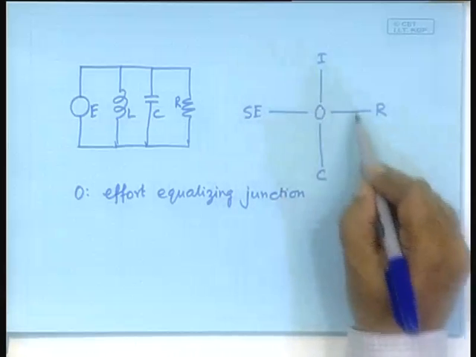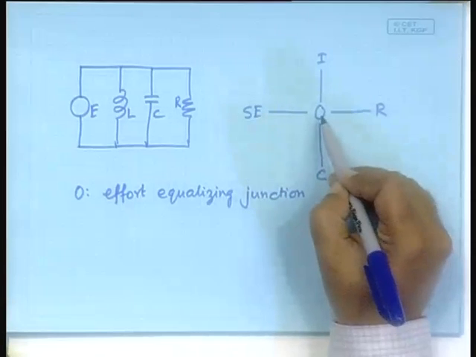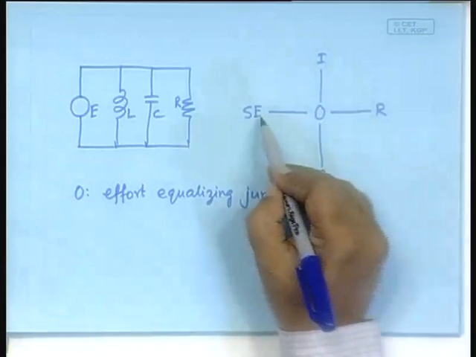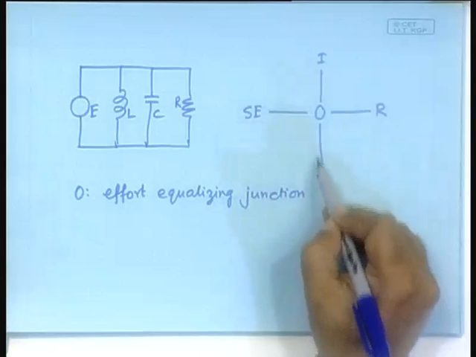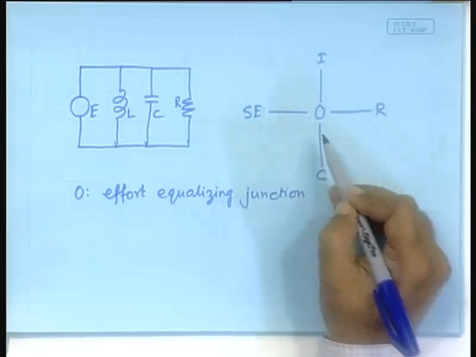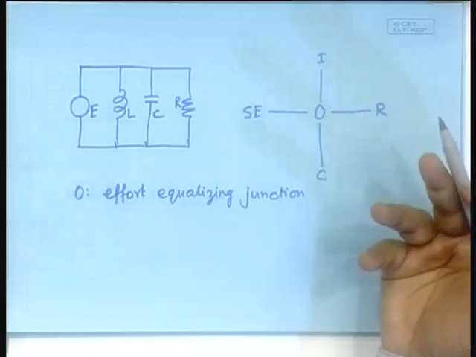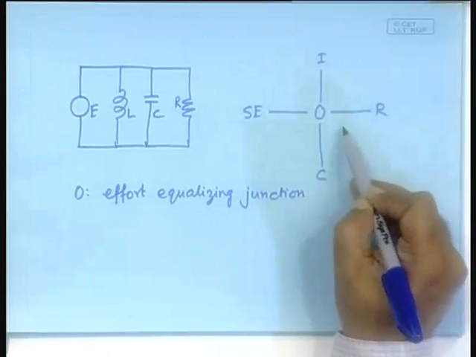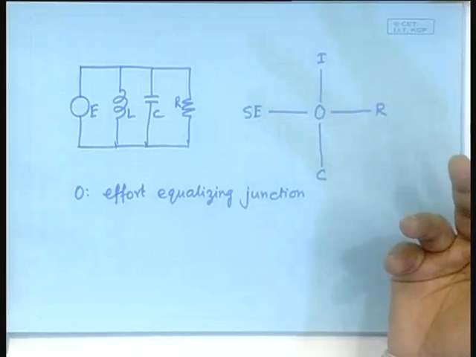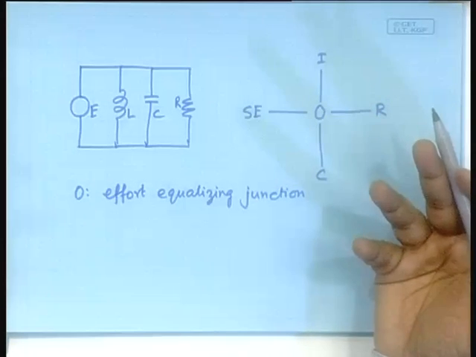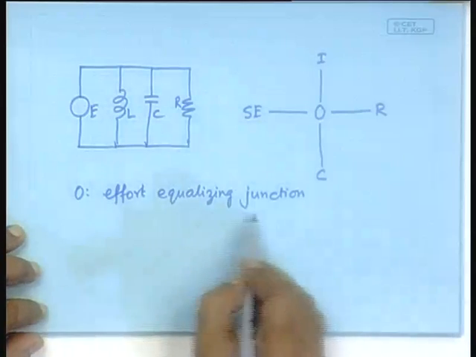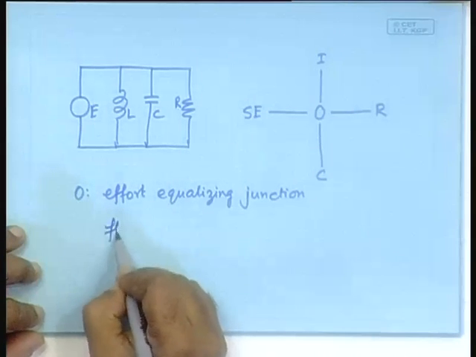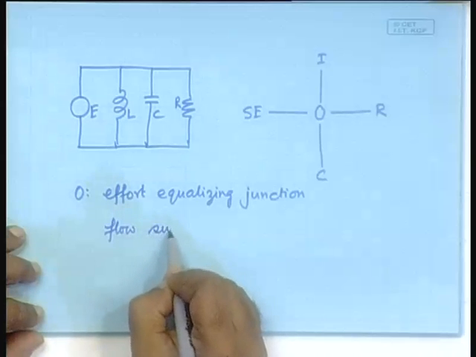Since the power coming into the 0 junction is the effort and the flow here, effort and the flow here, effort and the flow here, and all that ultimately should be 0, and since the efforts are equal, in effect we get Kirchhoff's current law. So, this is also a flow summing junction.